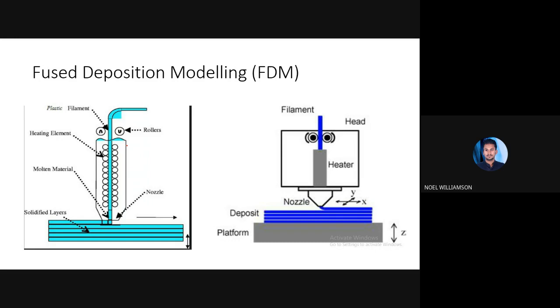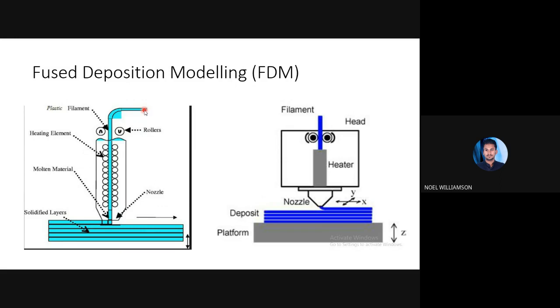We have two figures shown here. This is nothing but a simple thing. Initially we have a filament. The filament is the raw material.